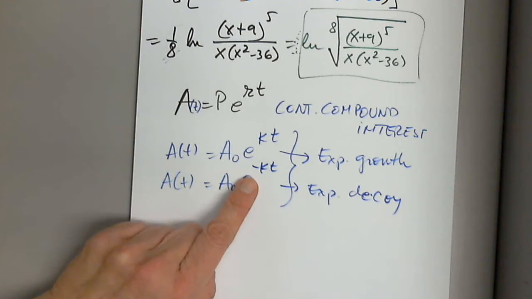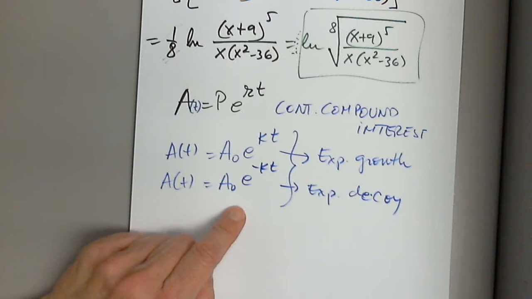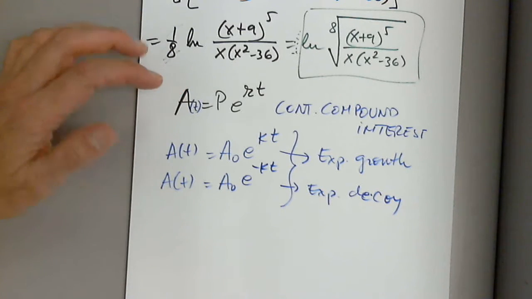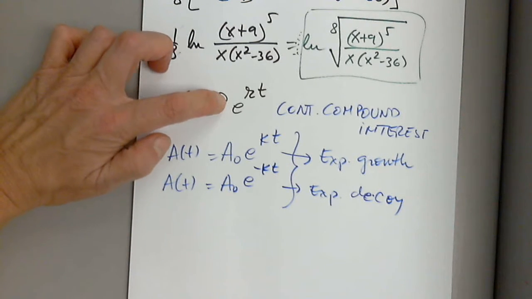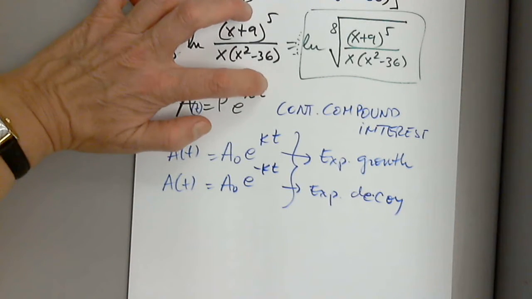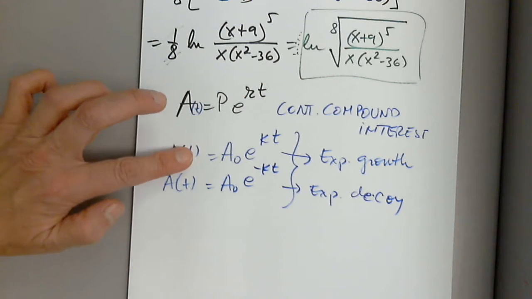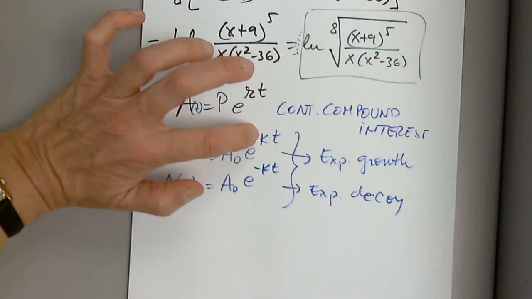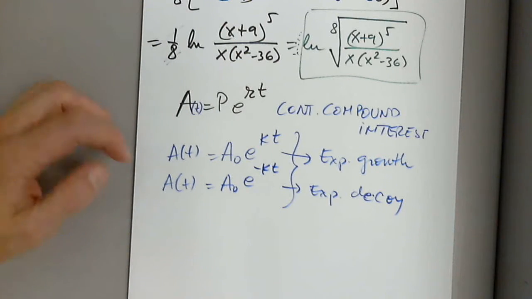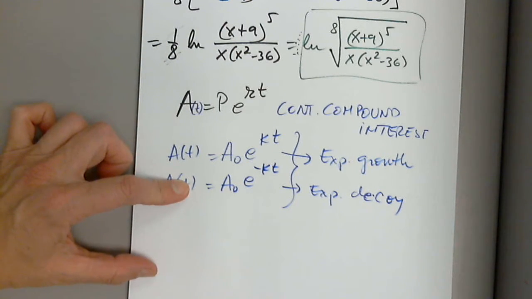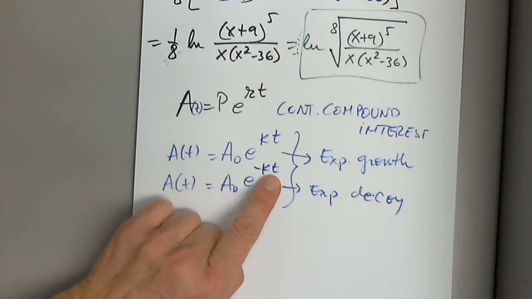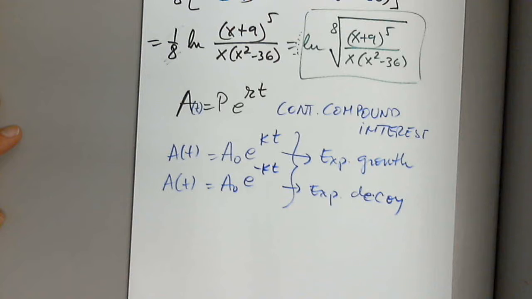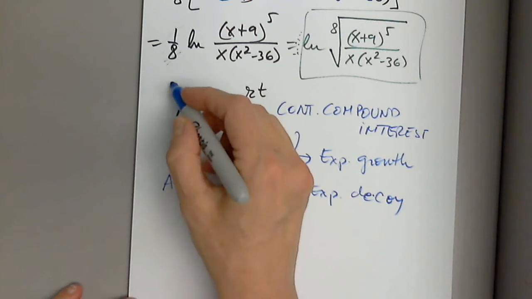This other one will be 1 over e to kt, so it will be decreasing. They're all pretty much the same thing. Here, this is amount and money, principal, annual interest rate, time in years. This is the amount of bacteria, the initial population, the growth rate and time. This one is the mass at time t, the initial mass, time in years, and k, the decay rate. They're pretty similar, all three.